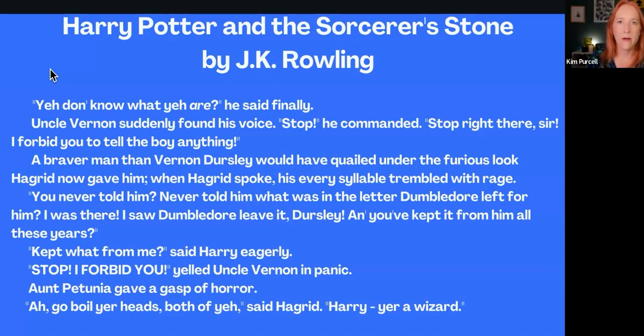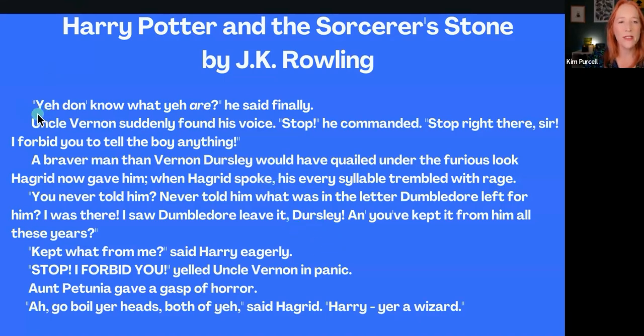I was there. I saw Dumbledore leave it, Dursley. And you kept it from him all these years?" "Kept what from me?" said Harry eagerly. "Stop! I forbid you!" yelled Uncle Vernon in panic. Aunt Petunia gave a gasp of horror. "I'll boil your heads, both of you," said Hagrid. "Harry, you're a wizard."